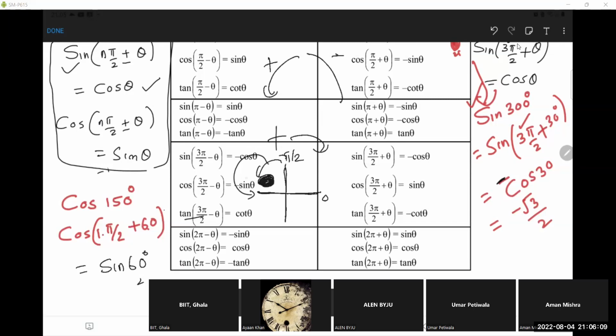In the second quadrant, look at this function. Which function? Cos. In the second quadrant, what about cos? Cos is negative. Therefore, this value is negative. And minus sine 60, we know it is minus root 3 by 2. So I can say cos 150 value is also minus root 3 by 2.